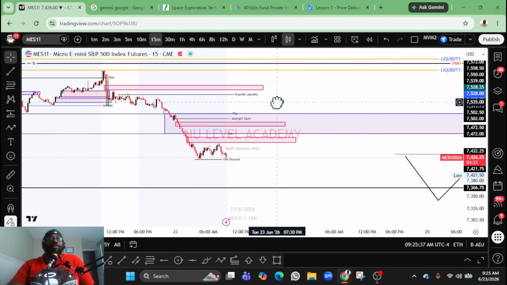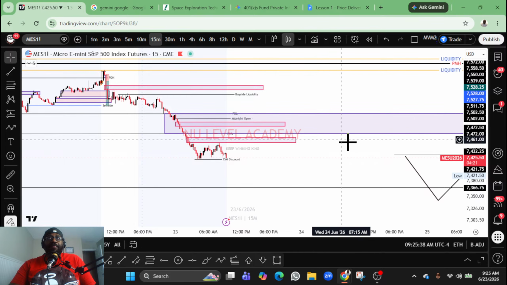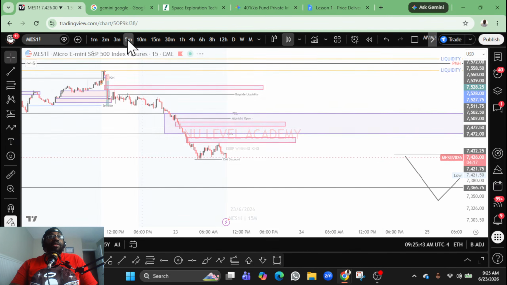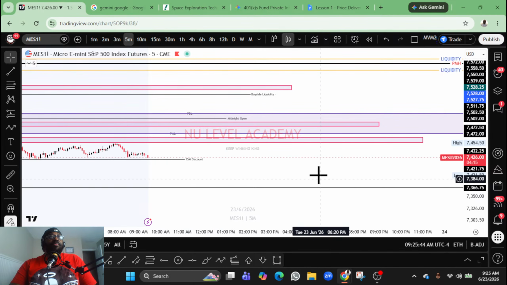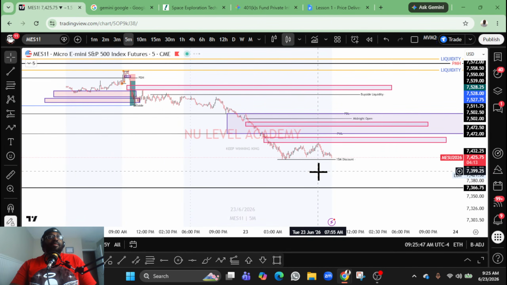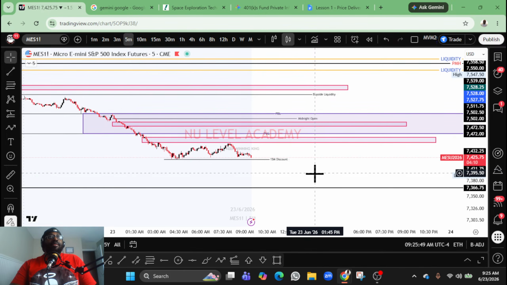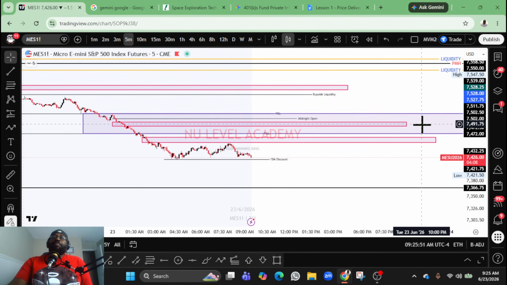But what we're going to do is exercise a level of patience. We're going to exercise a strong level of patience. So what do you see with this purple shade here? This is a gap on the 4 hour, right?